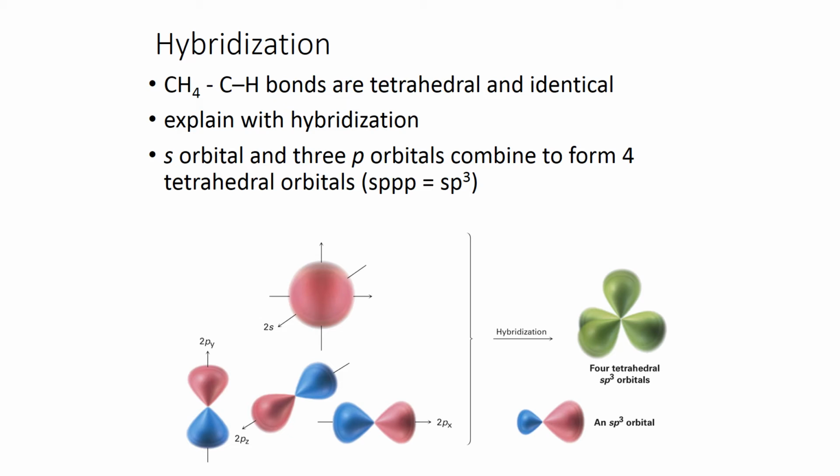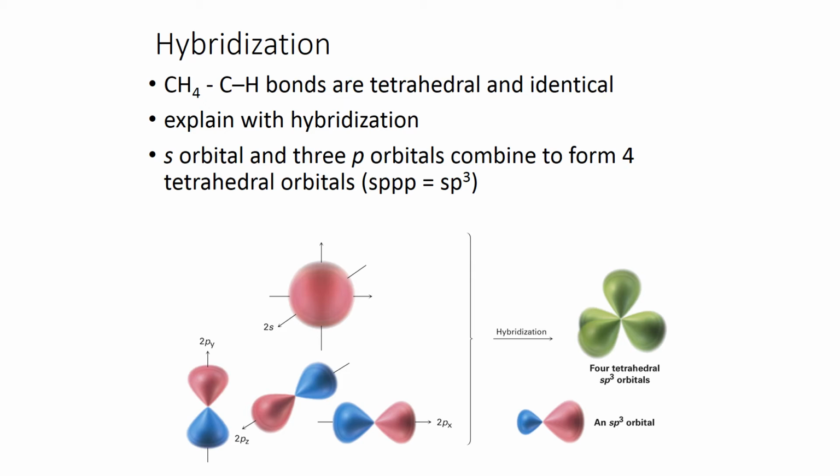Hybridization is another way that we explain bonding in the valence shell, and it is one of our more sophisticated ways of explaining bonding, and it seems to predict a lot of things correctly. So this model is a pretty good model.